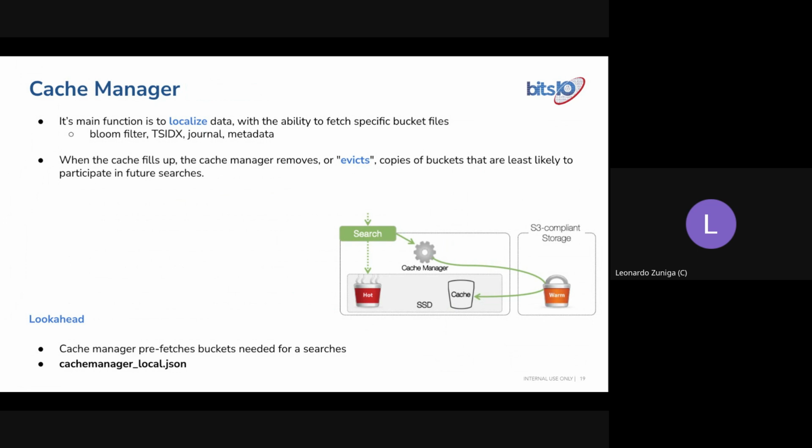And let's say that we want to see which contents were downloaded for a particular bucket. We could look at these files by checking the cache manager local.json. Let's say that a search downloaded the tsidx files. We'll see a tsidx entry in cache manager local.json.